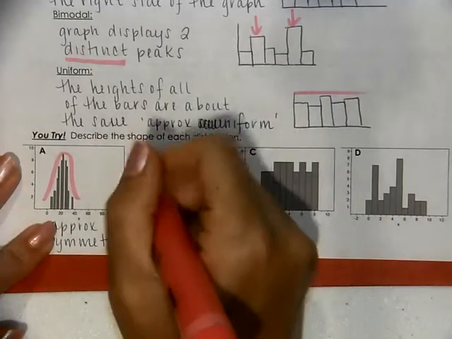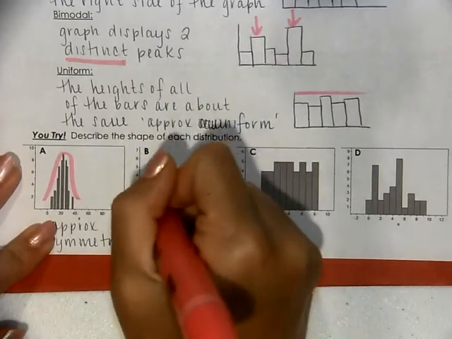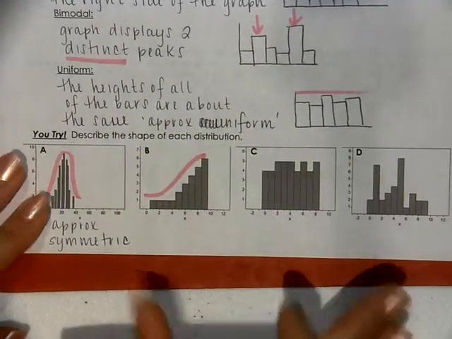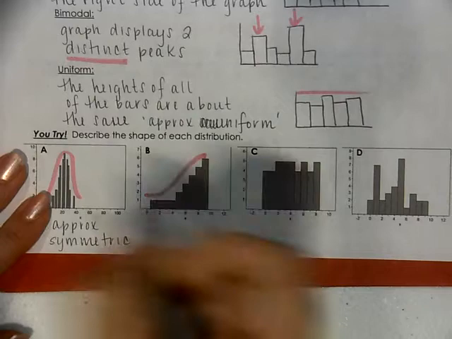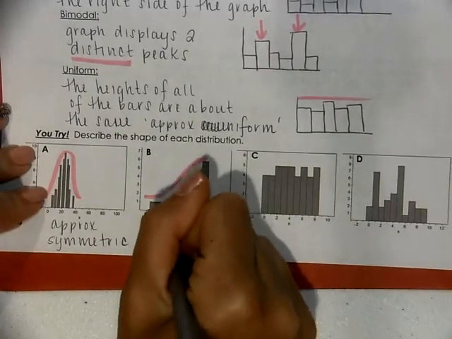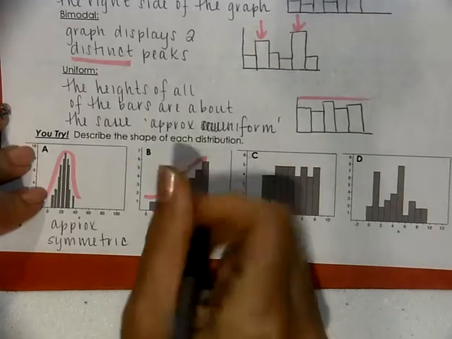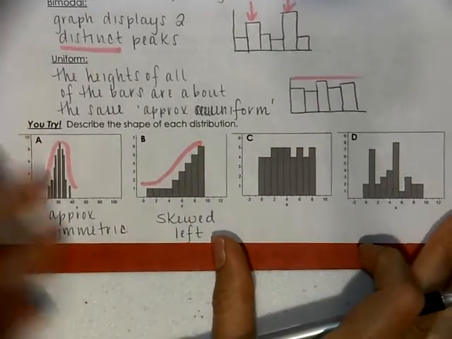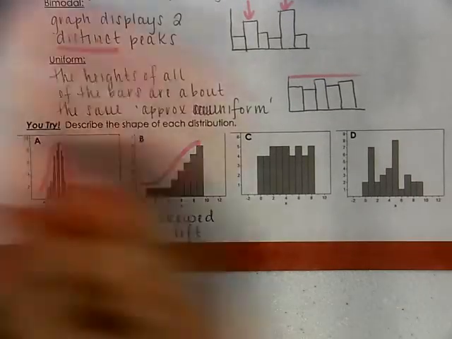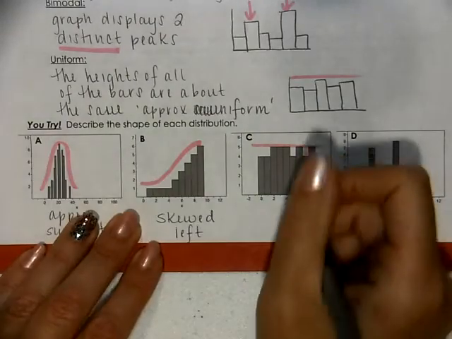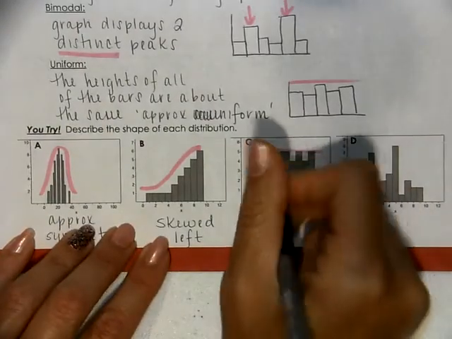Next one, I'm going to draw my curve. For this one, that is going to be skewed left because of the left tail. Next one, the heights of all the bars are about the same, so that would be approximately uniform or uniform.